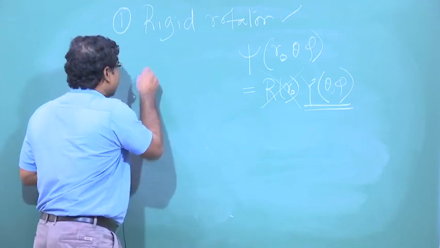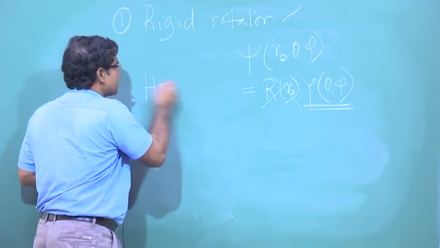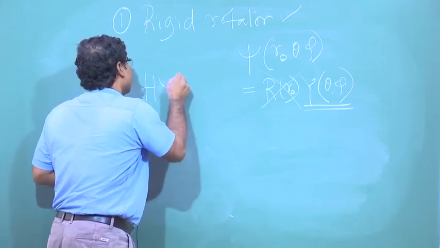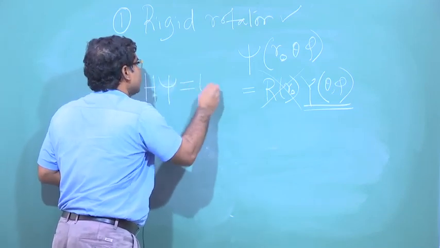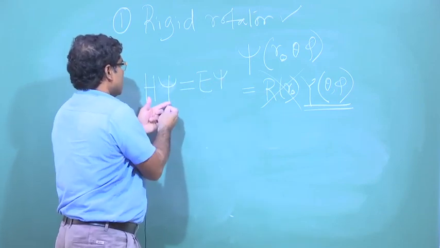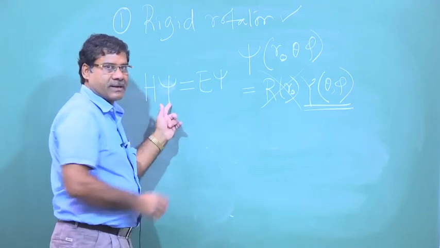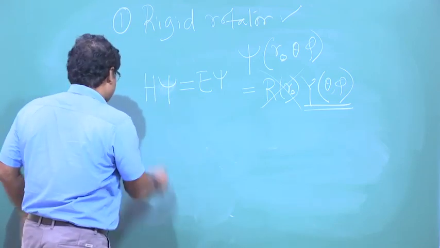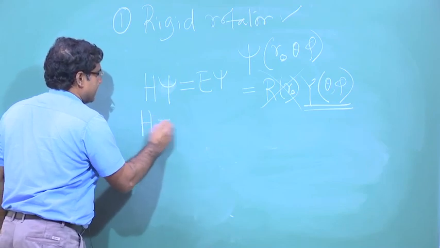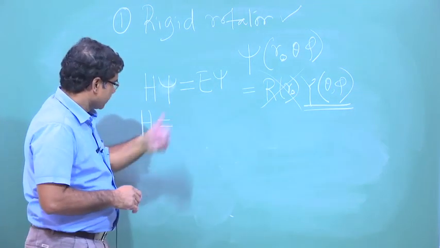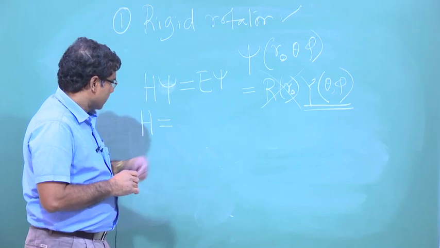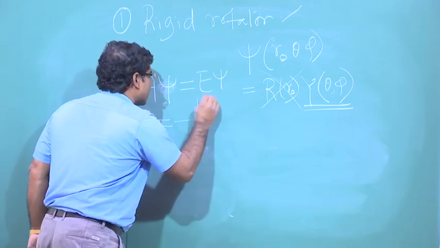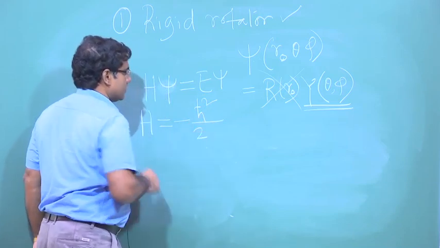So, here we have the Hamiltonian H. Always the Schrodinger equation: H psi equals E psi. One has to find the proper psi eigenfunction, and for your system you have to write the Hamiltonian. Our Hamiltonian will be only kinetic energy, h cross squared by 2m.